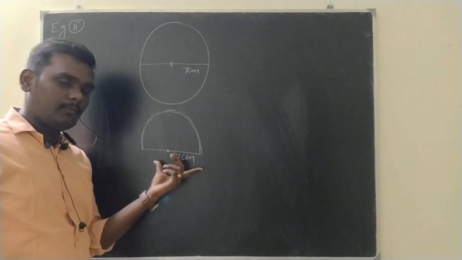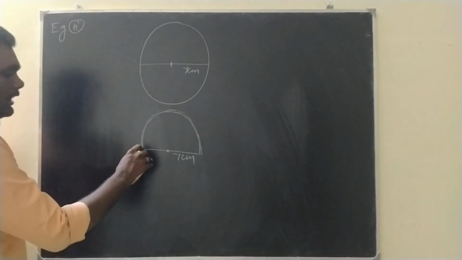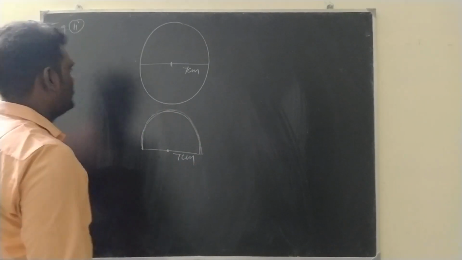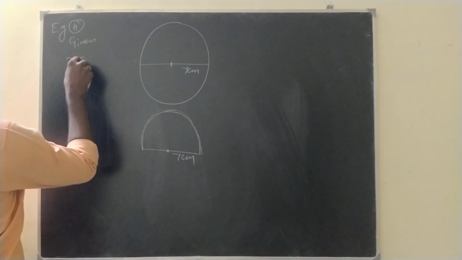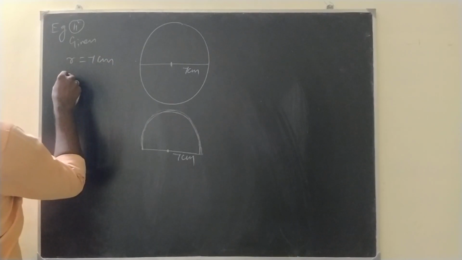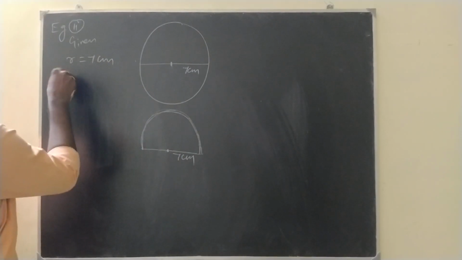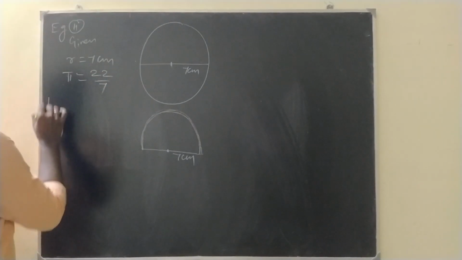How do you call this length? Diameter. That is it. So, half of circumference of a circle plus diameter is our required answer. So, given things, radius is 7 cm and that is it. Nothing else is given. Then pi is given. Pi is equal to 22/7.